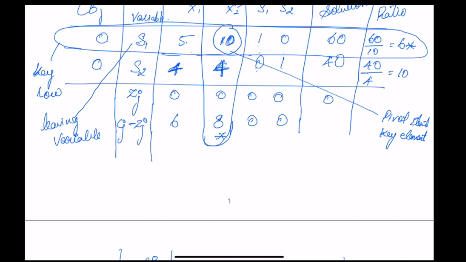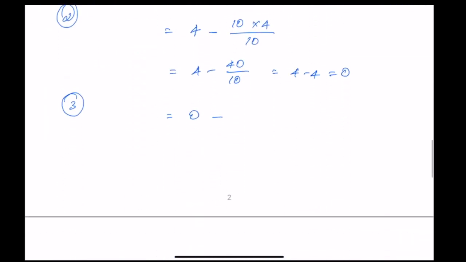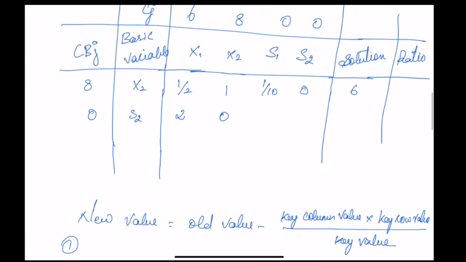Corresponding key column value for 0 is 1 and the corresponding row value is 4. So 1 into 4 divided by key value 10. So this is equal to 0 minus 4 by 10. 4 by 10 can also be written as minus 2 by 5. So here we have minus 2 by 5.